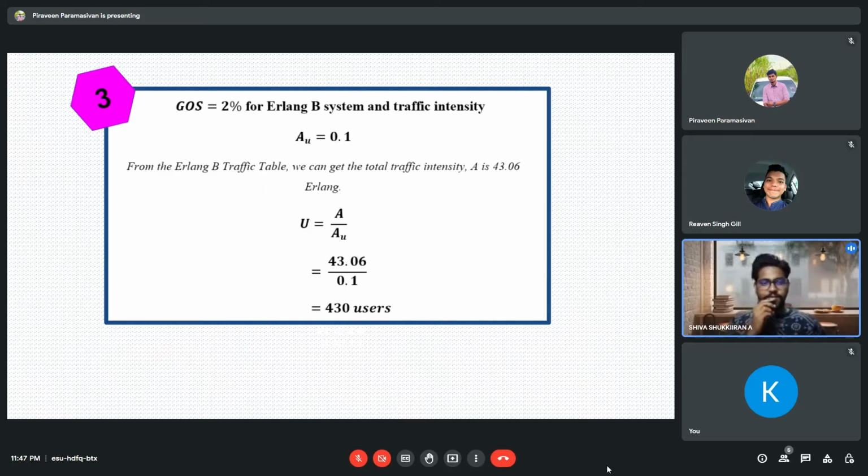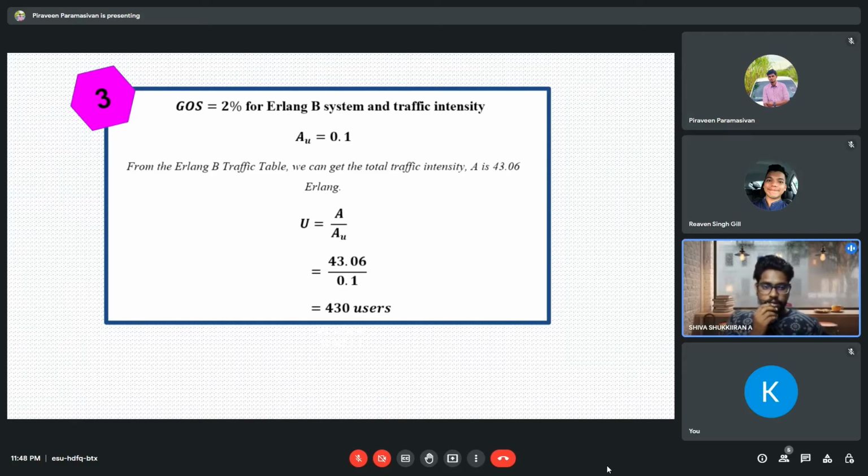Okay, now I'll be talking about the grade of service, which is 2%. The grade of service is to measure the ability of a user to access a trunking system. In this GOS, we are using an Erlang B system to find out our total traffic intensity. For the traffic intensity per user, we have set it to 0.1. How do we get this?